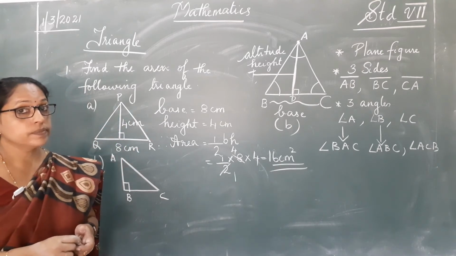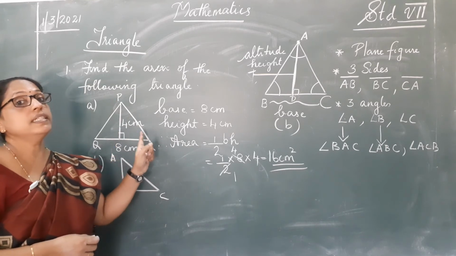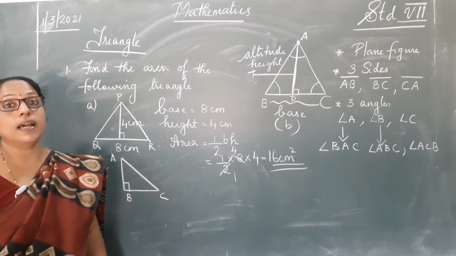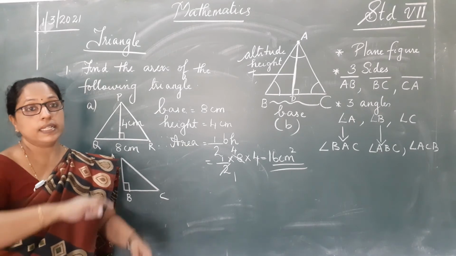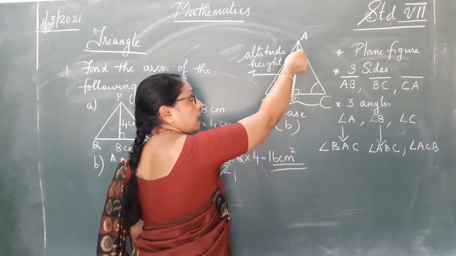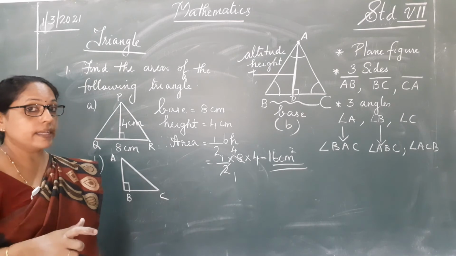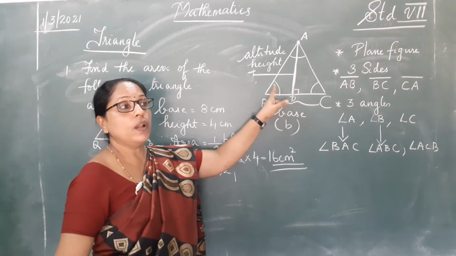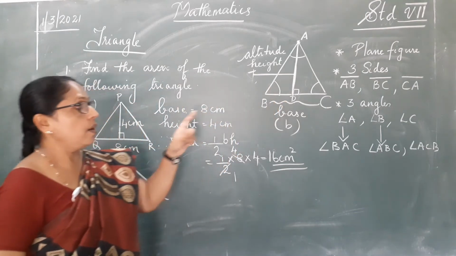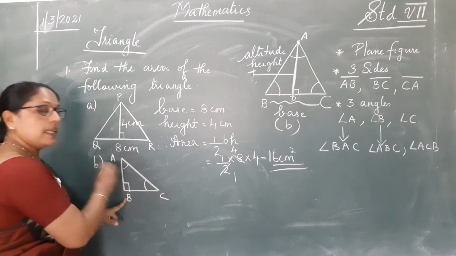This triangle is known as an acute angled triangle because all three angles are less than 90. A triangle has three angles. If all three angles are less than 90, such a triangle is called an acute angled triangle.